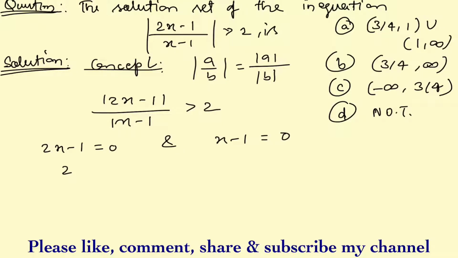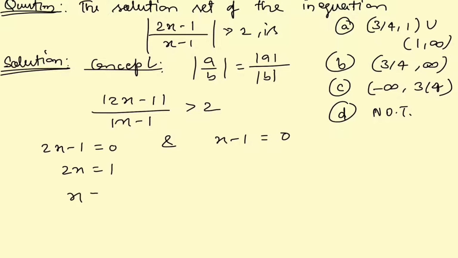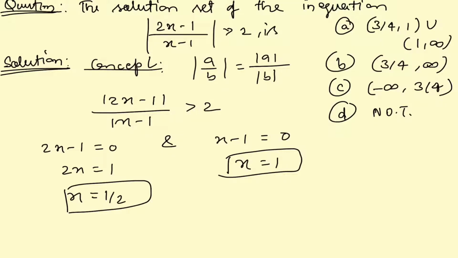So 2x = 1, giving x = 1/2. This is the first critical point, and x = 1 is the second critical point. Based on this we have three cases. Case first is when x is less than 1/2.